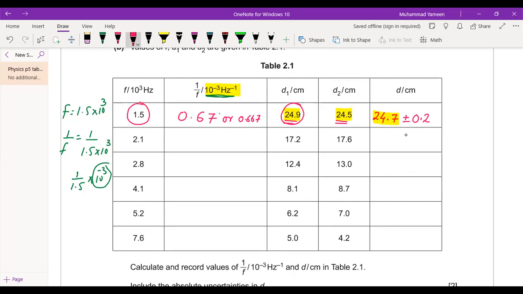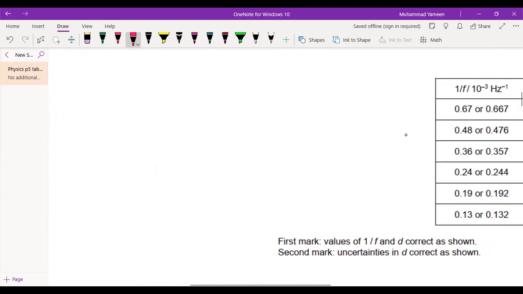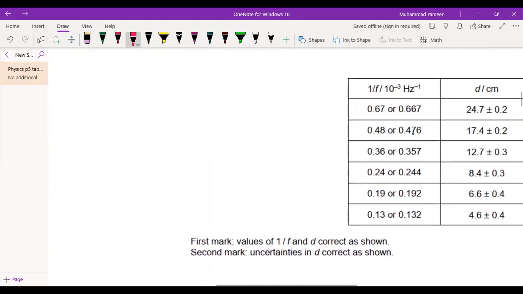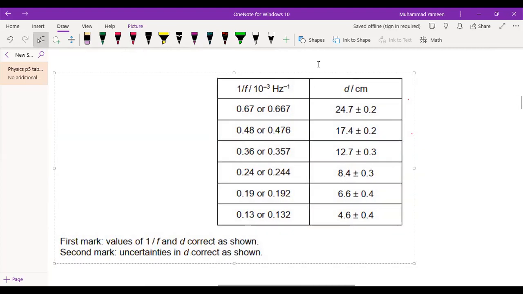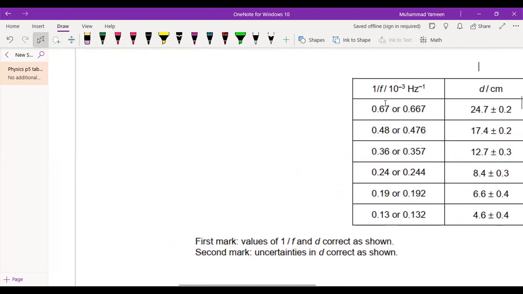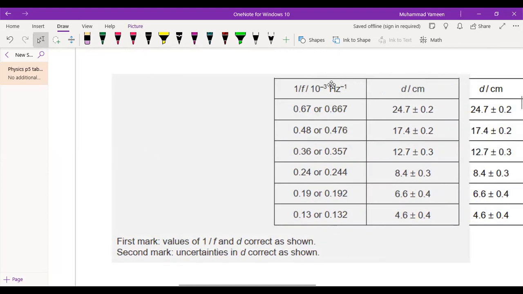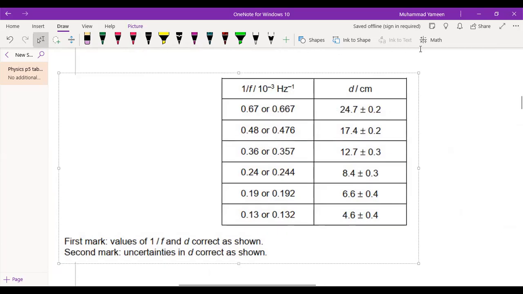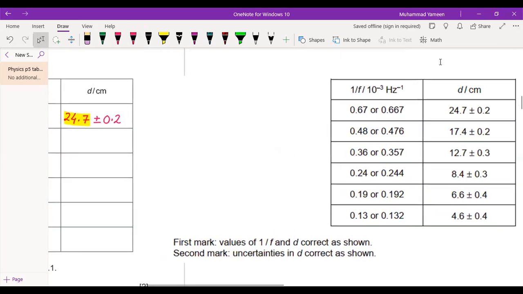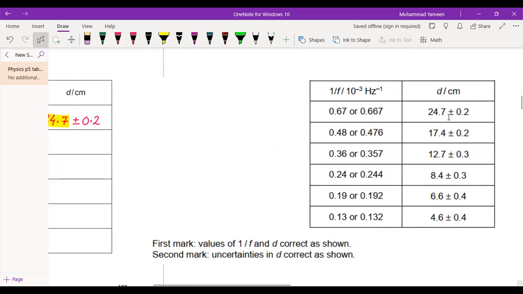Now it's your responsibility to complete the whole table, and then you should check the answer that I am showing you right now. If you see this table, the value of D is 24.7 plus minus 0.2.